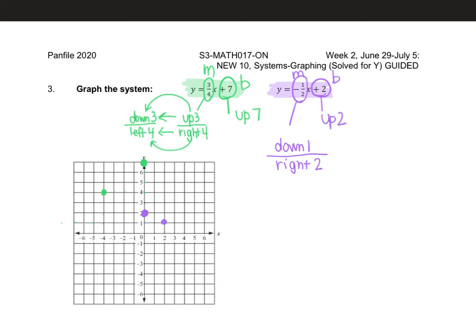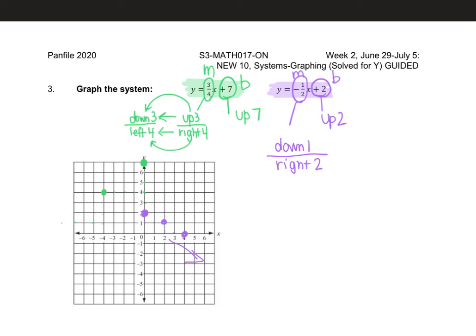Down 1, right 2. Now see how I'm getting farther away from where my lines would cross each other? Going this way is not helping me. So I can go the other way too.